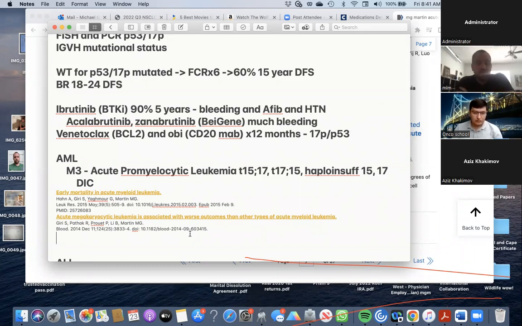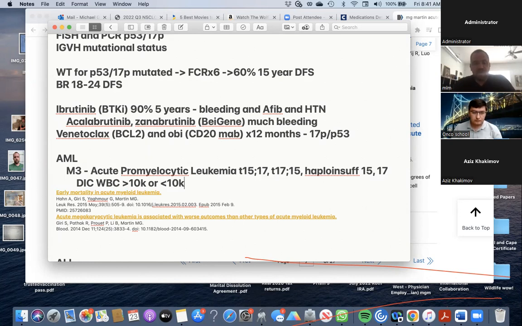Anyway, if you can get the routine cytogenetics and see acute promyelocytic leukemia patients, they again are not treated with chemotherapy. Typically, you risk stratify them based on a white blood cell count greater than or less than 10,000.